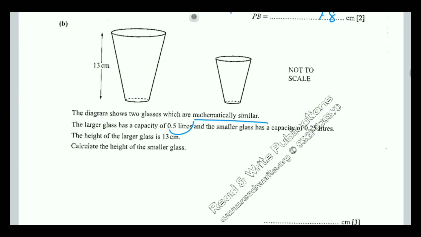Volumes question again, liters is given to you and the heights are also given to you. So 0.5 is the volume of the larger glass and 0.25 is the volume of the smaller one. Height of the largest is 13 and height of the smaller you have to find, x, and whole cube.